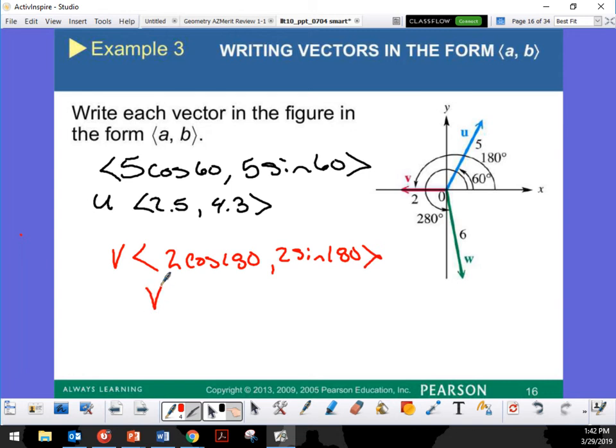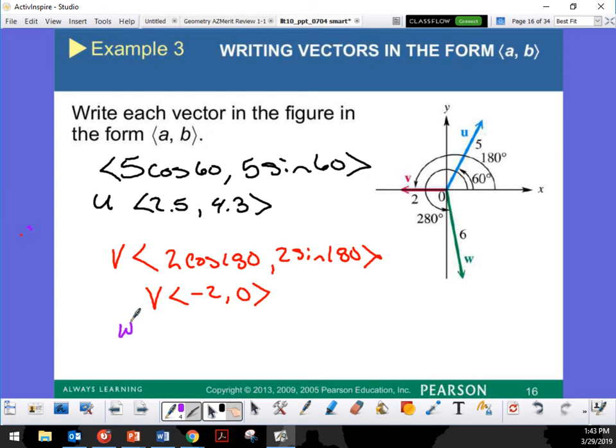Cosine is -1 times 2 is -2, and sine at 180 is 0. So my direction from my point of origin is 2 to the left and none up, right? Okay. Got it? We also have W.